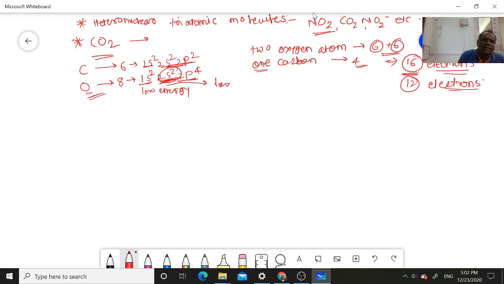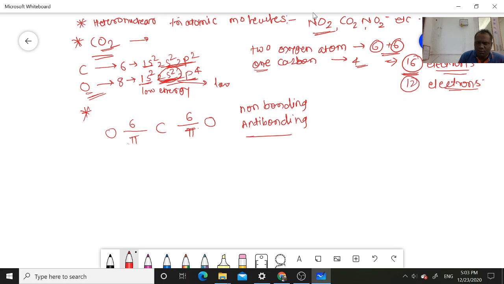Now, there are two types of bonding in the CO2 molecule. Between one carbon and oxygen, one sigma bond and one pi bond are involved. Between the other carbon and oxygen, one sigma bond and another pi bond are involved. Besides this, there are non-bonding as well as antibonding molecular orbitals in this CO2 molecule.